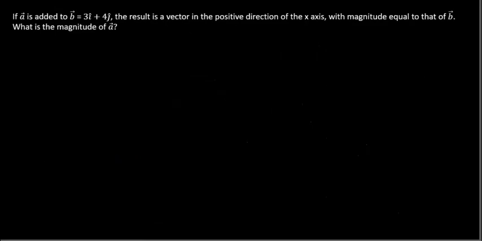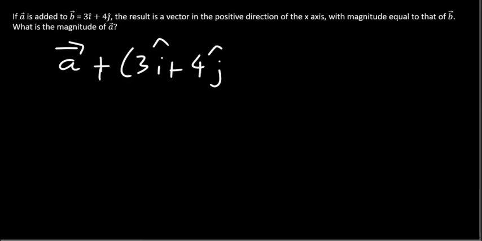Problem 2. If vector a is added to vector b, which is 3i hat plus 4j hat, the result is a vector in the positive direction of the x-axis, with magnitude equal to that of vector b. What is the magnitude of vector a? So we are told that when you add vector a to vector b, the result is a vector in the positive direction of the x-axis.